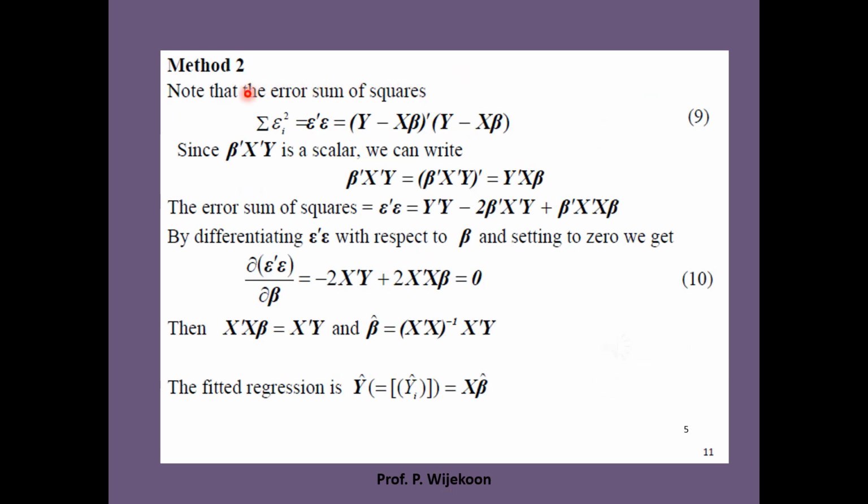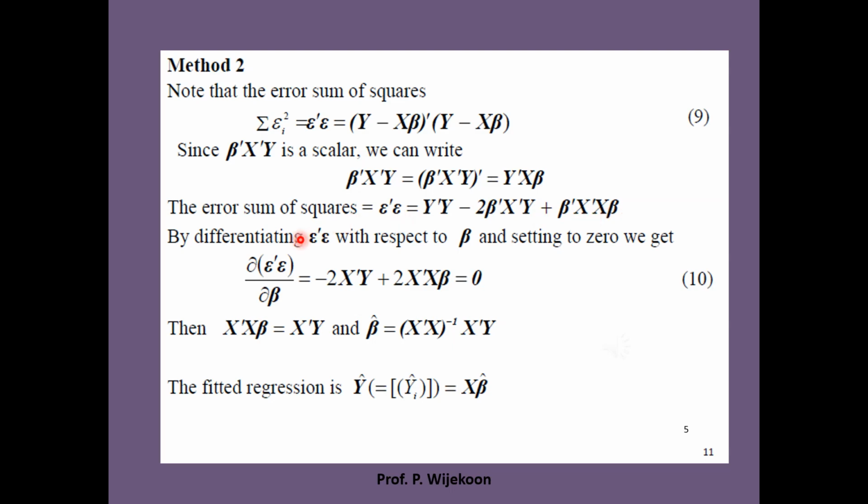In the second method, first we consider the error sum of squares epsilon' epsilon, which is equal to (y minus X beta)' (y minus X beta). Since beta' X' y is a scalar, its transpose is also a scalar. Therefore, by simplifying equation 9, we can write the error sum of squares as y'y minus 2 beta' X' y plus beta' X'X beta.